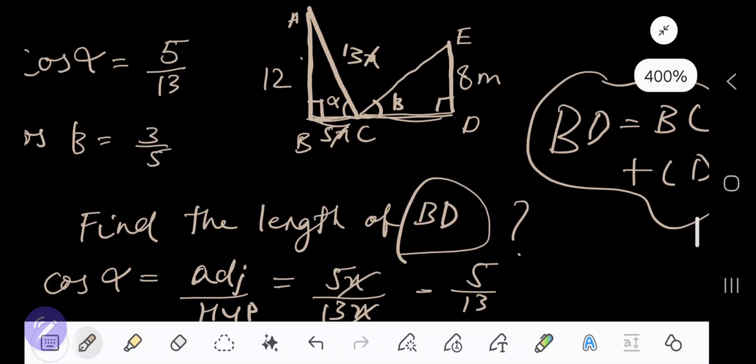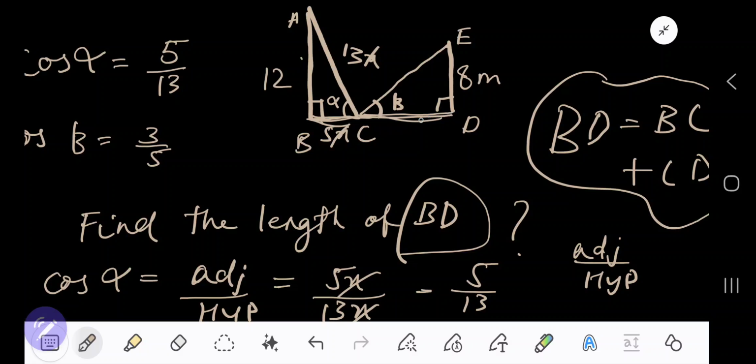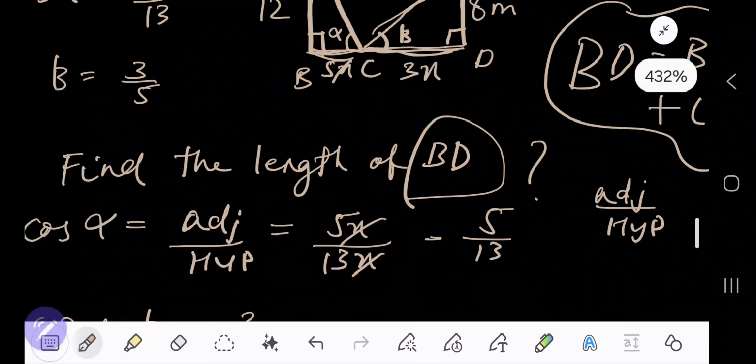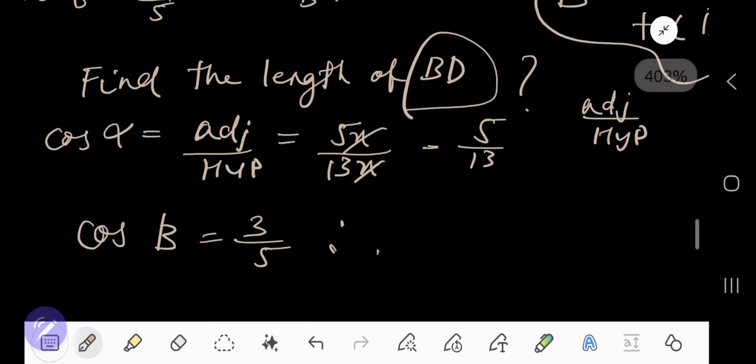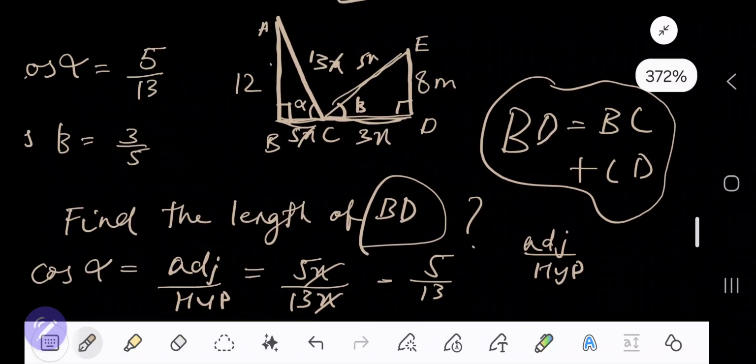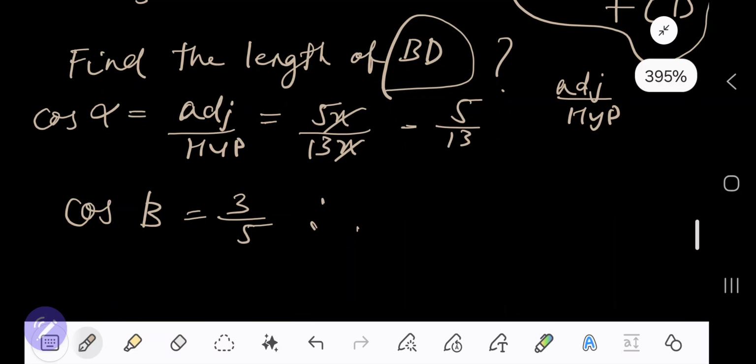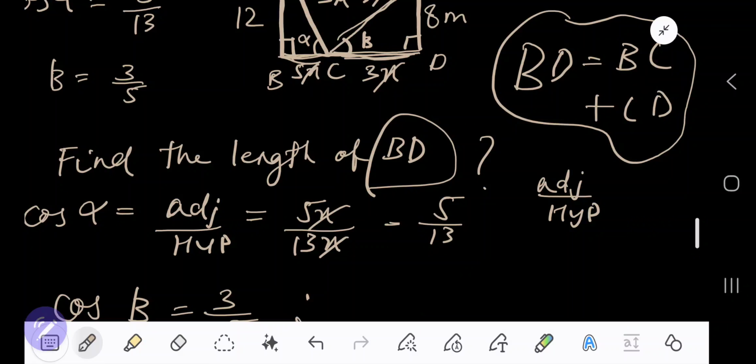So if you look in the figure, what is cos? Adjacent by hypotenuse, am I right? That means this CD is just 3x, and this side, x cancel, CD becomes 3.